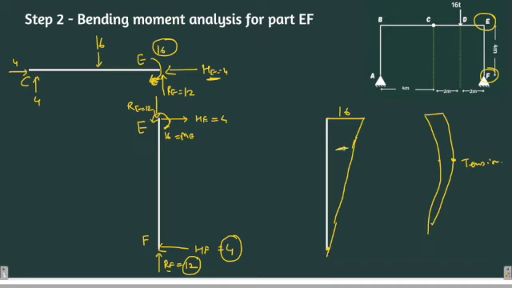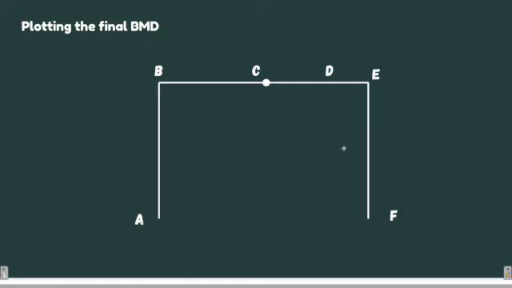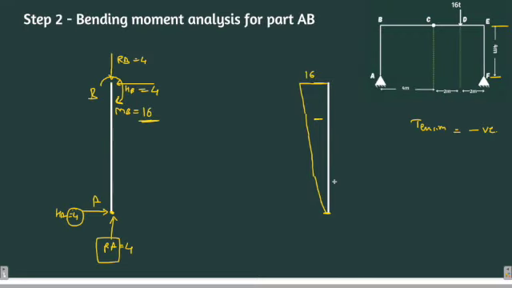Now we have analyzed each and every part of the frame. What we will do is draw the final bending moment diagram. Let's start with part AB. As you can see, for part AB there was a bending moment of negative sign.